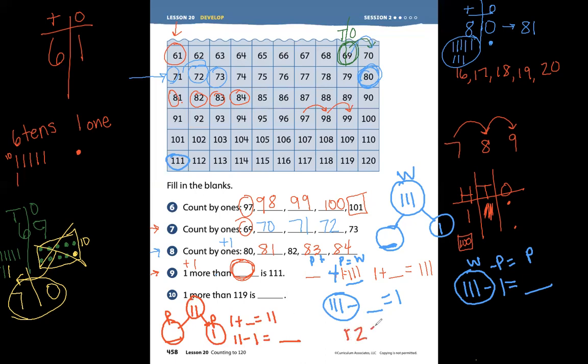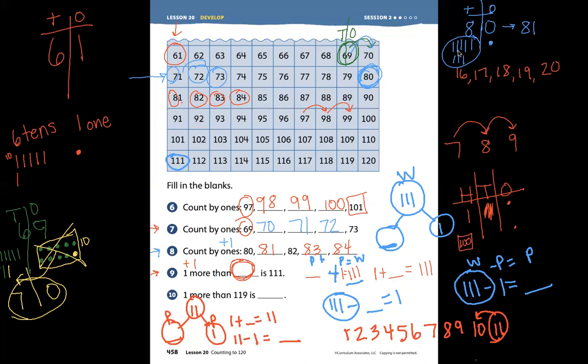1, 2, 3, 4, 5, 6, 7, 8, 9, 10, 11. And I go back 1 to take away 1. What did I land on? I landed on 10, right?